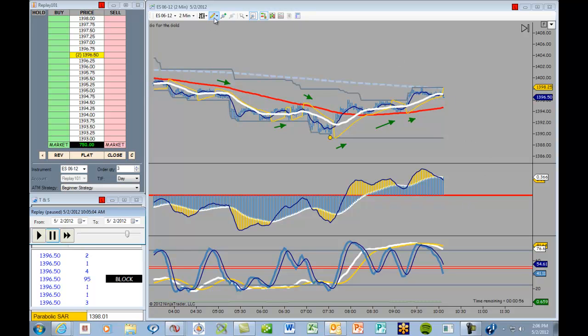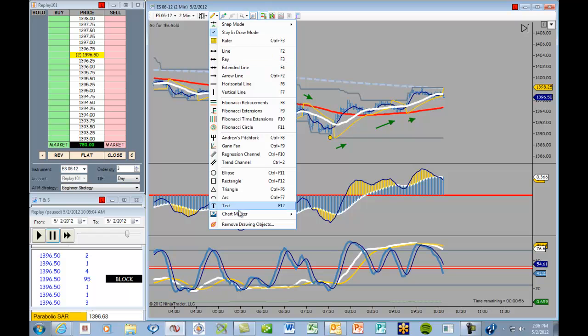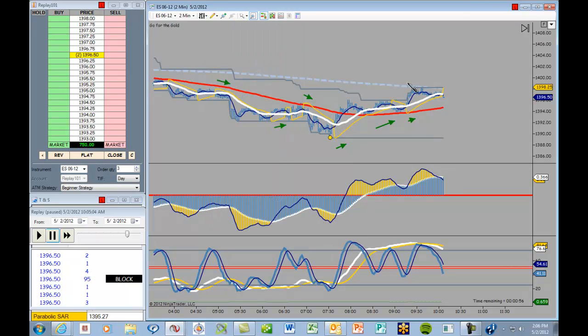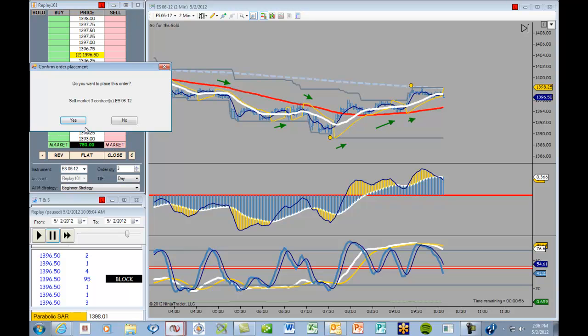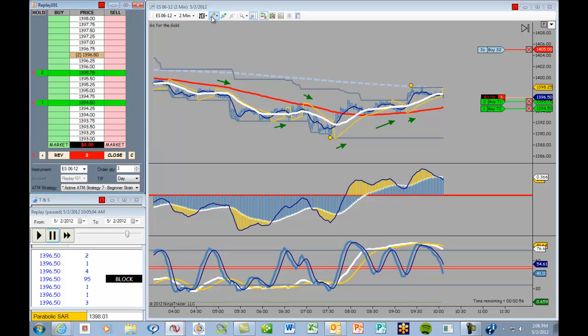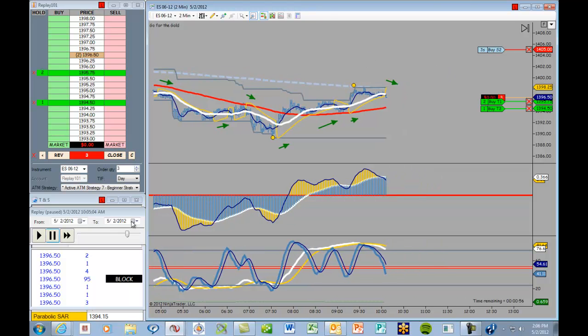I'm going to go out on a limb here and say that there's a high probability that this high is in fact a high, and we'll get short, and we'll draw the bearish arrow, and away we go.